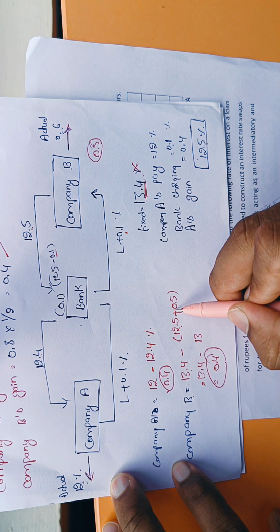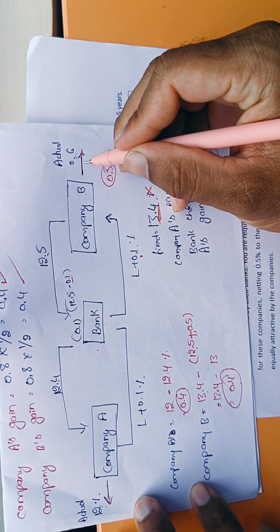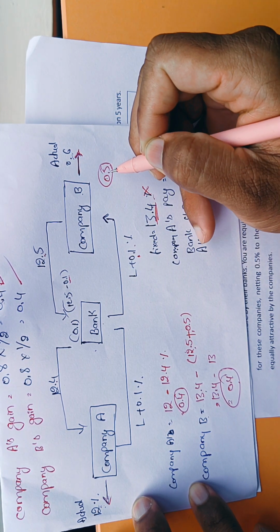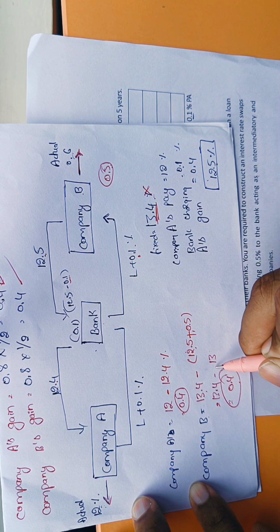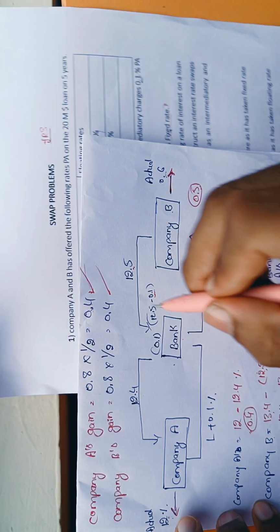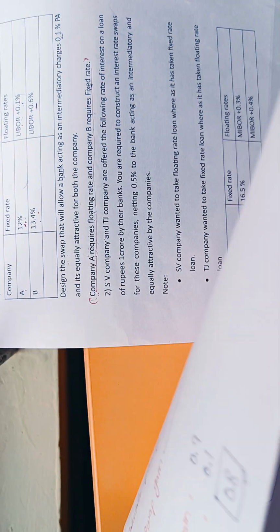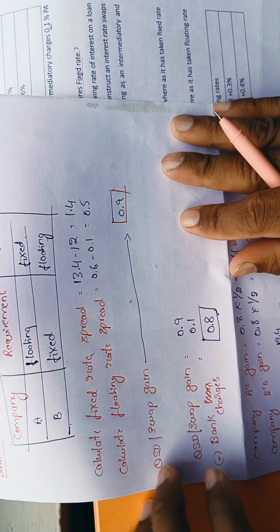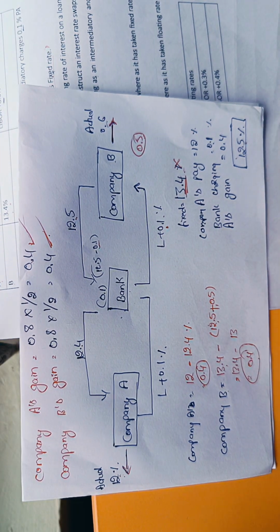Here 12.5 plus what is this 0.5? 0.5 is nothing but here. Outflow is 0.6, inflow is 0.1. The difference is also an expense, that is 0.5. Bring it here. 13.4 minus 13, that is 0.4. The same we got here. So this is the entire step of swap. Thank you.